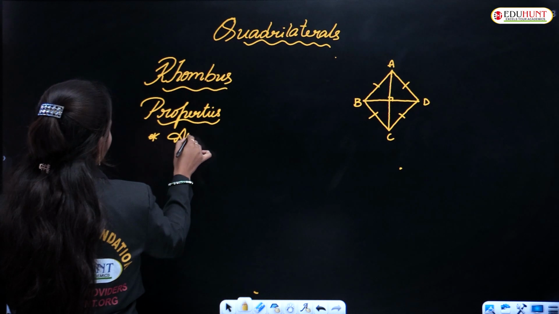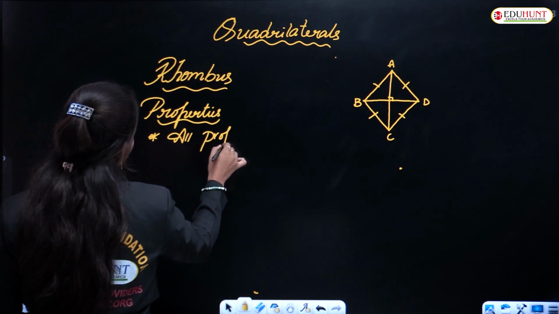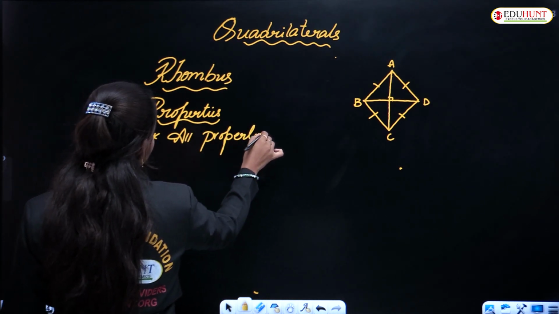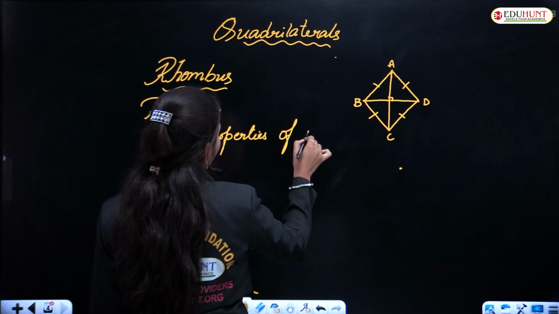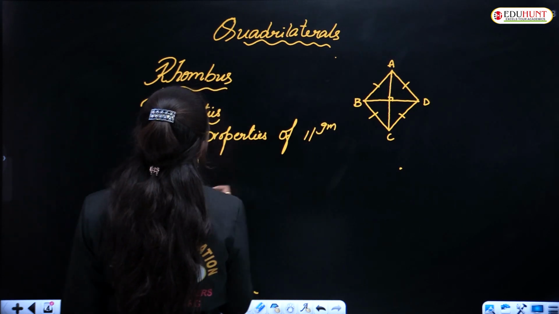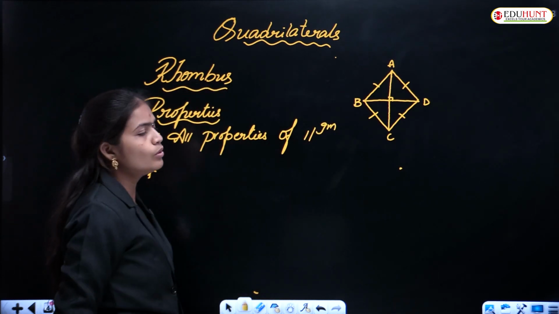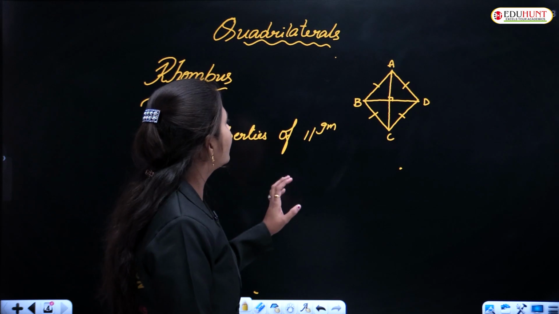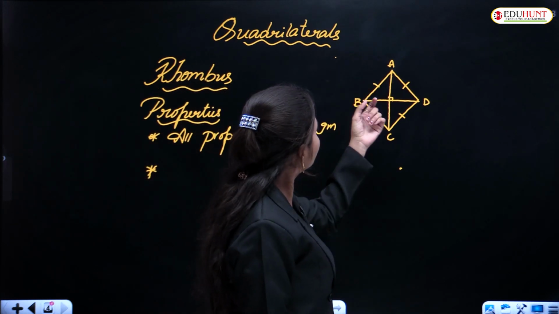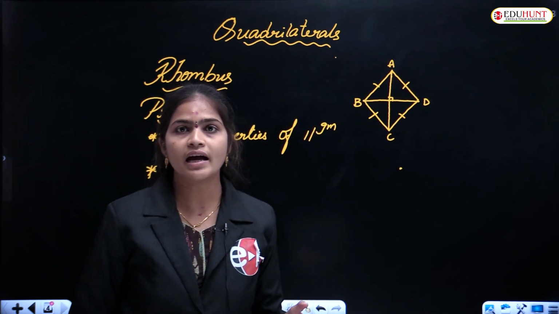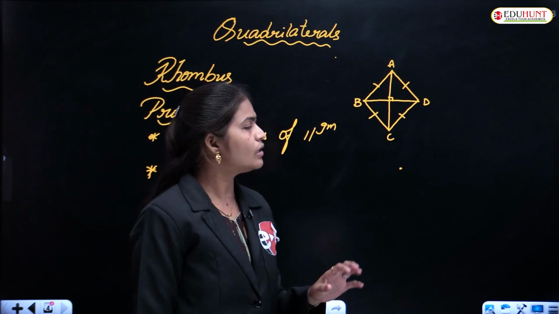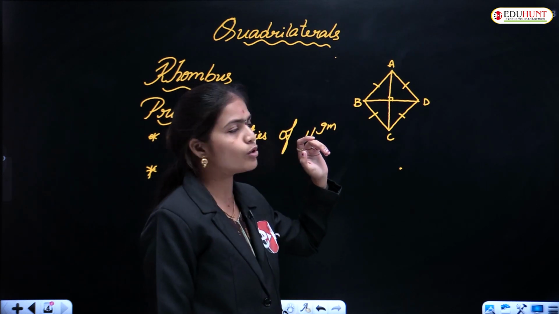First, all properties of a parallelogram. Along with that we have some other properties. What are those? Here we have two diagonals, yes or no? So let us discuss the diagonals of a rhombus.